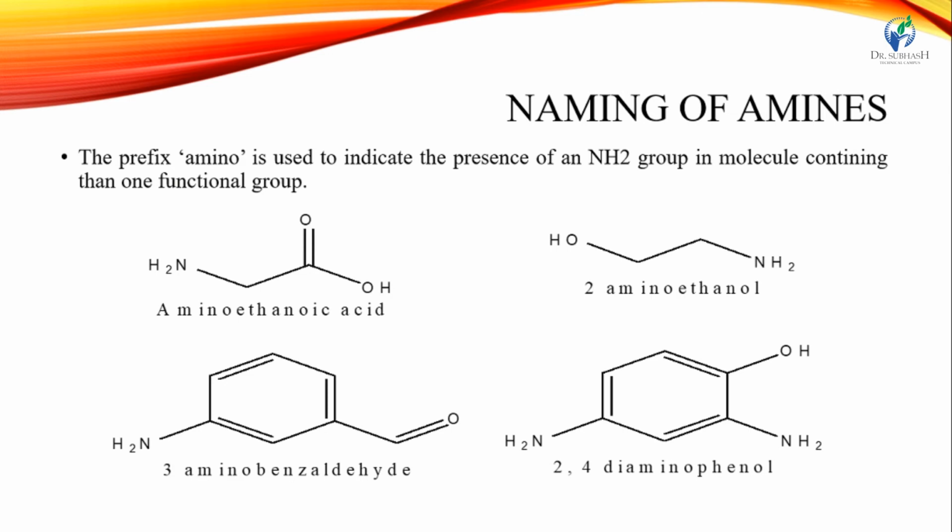Then the prefix amino is used to indicate the presence of the NH2 group in a molecule containing another functional group. In these structures, you use the word amino as a prefix, not a suffix.